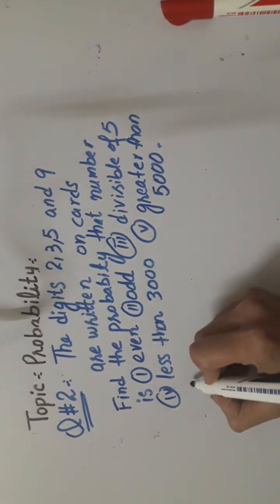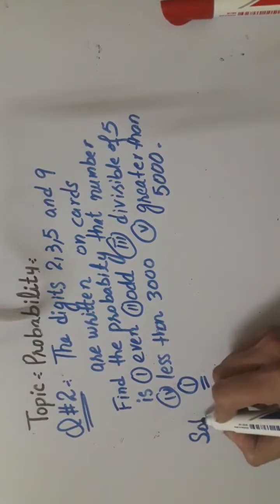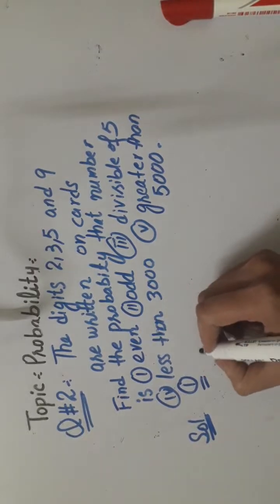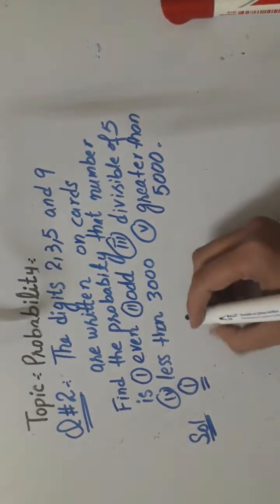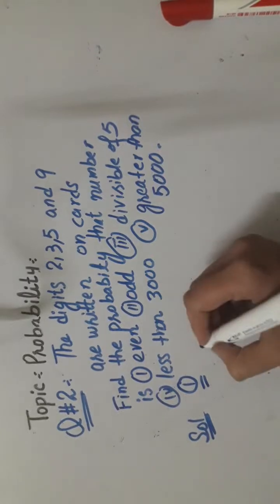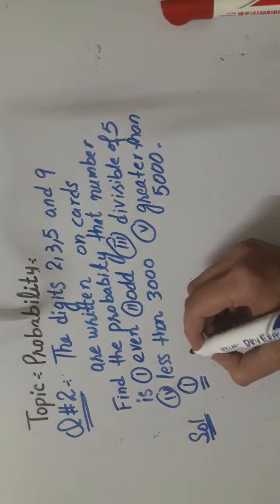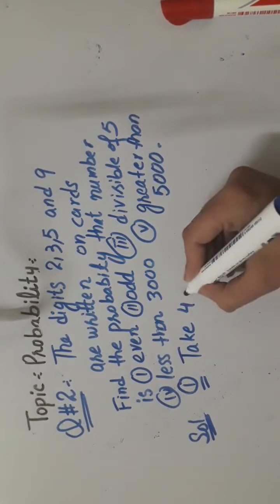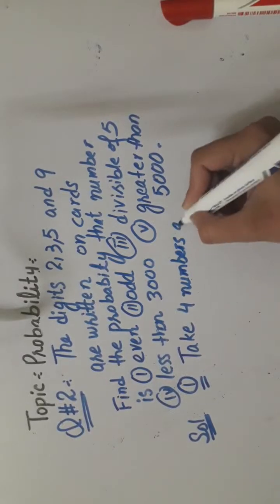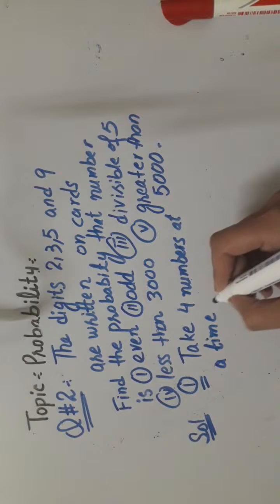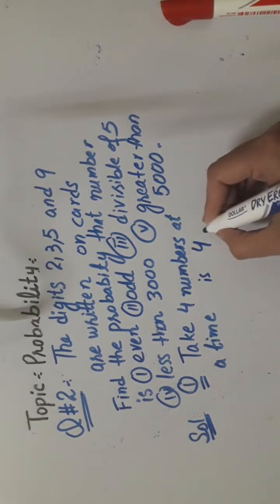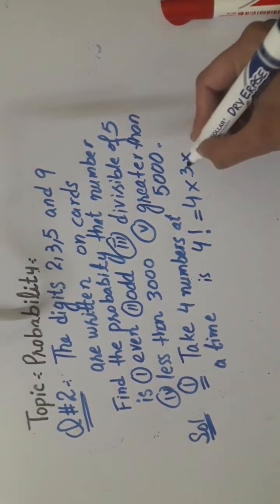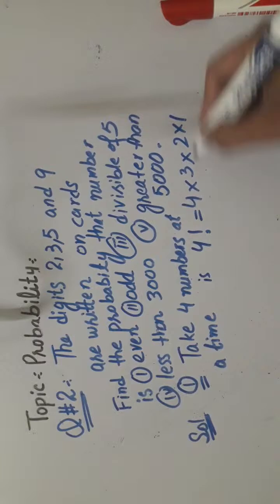For solving the first part, the solution of 1 will be: you have to find the probability that the number is even. So the total number of permutations, taking 4 numbers at a time, is equal to 4 factorial. 4 factorial means you multiply 4 by 3, by 2, and by 1.